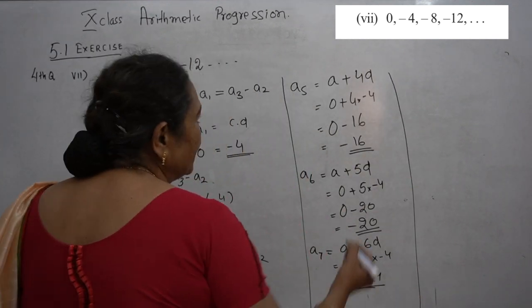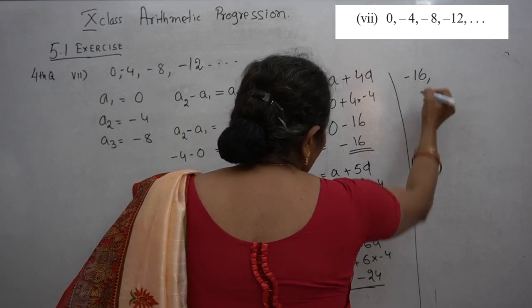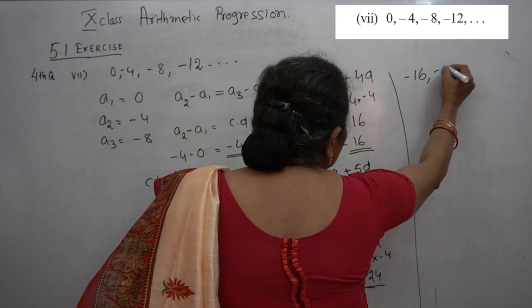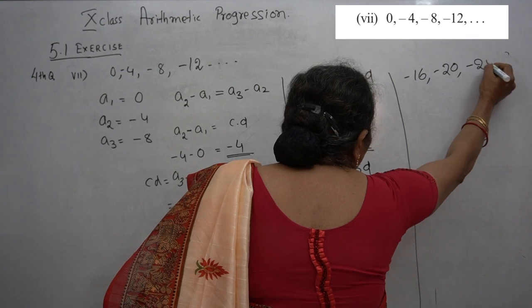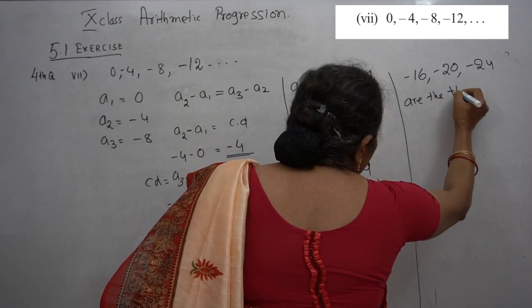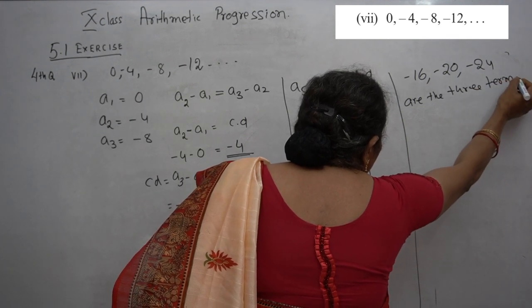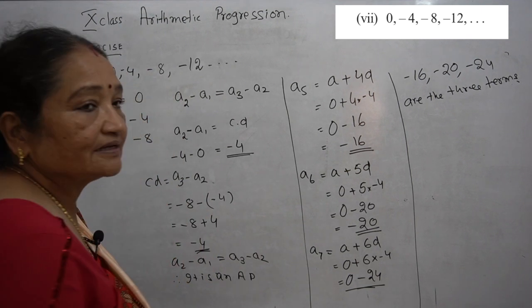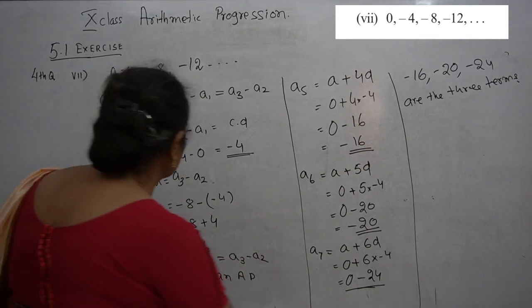What are the 3 more terms? That is -16, -20, then -24 are the 3 terms. This is the answer. Okay? Understood? Then we shall go for the next sum.